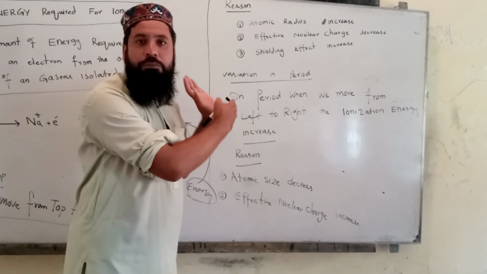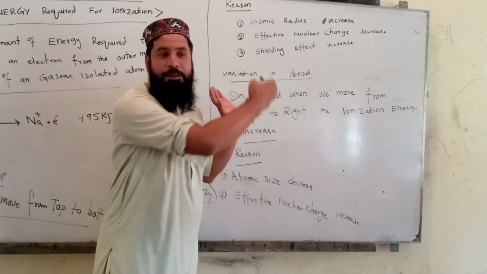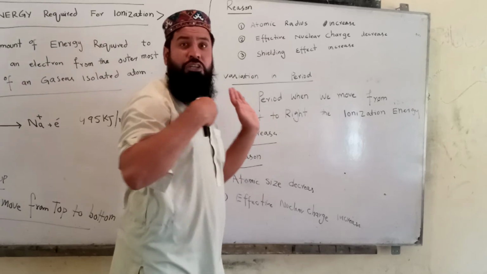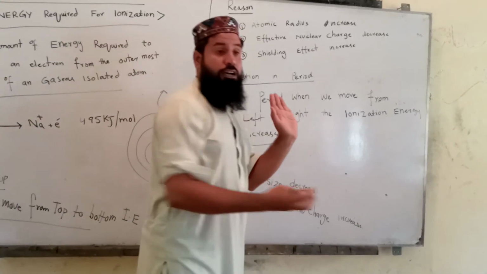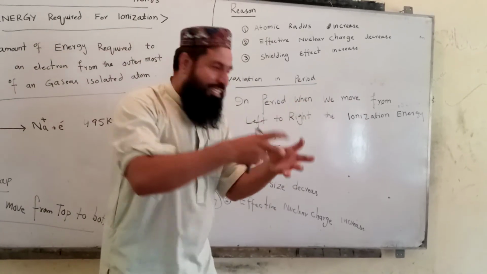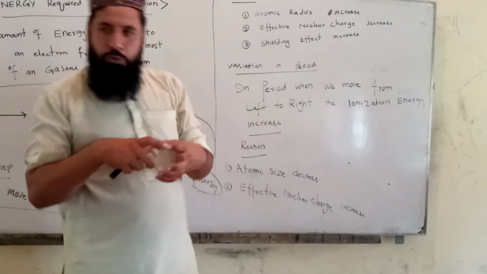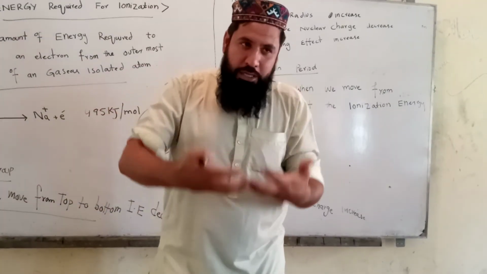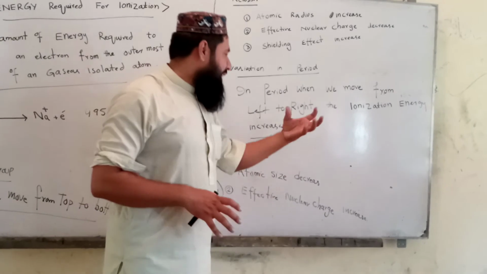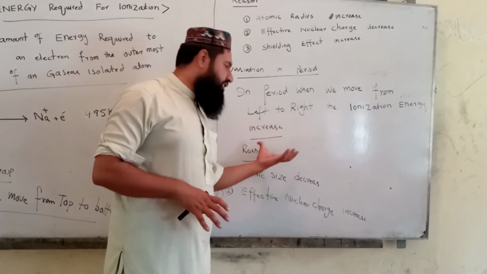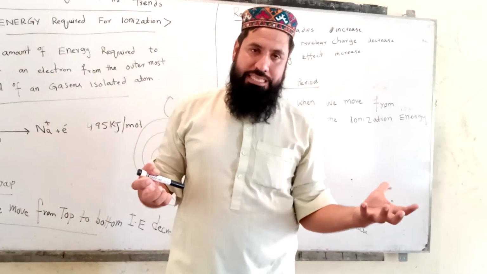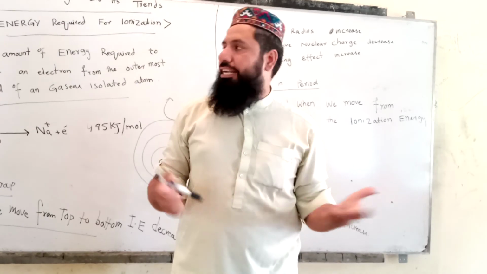Sodium has 11 protons, magnesium has 12 protons, aluminium has 13 protons, silicon has 14 protons, phosphorus has 15 protons, and the atomic number of sulfur is 16, so it has 16 protons. So gradually the nuclear charge increases. Nuclear charge means the protons. So the protons increase, and we can say that the ionization energy increases. Why? More energy is required to eliminate, to remove, to escape that electron.